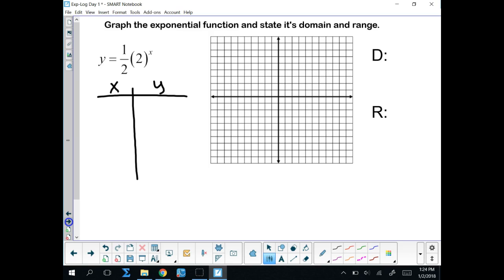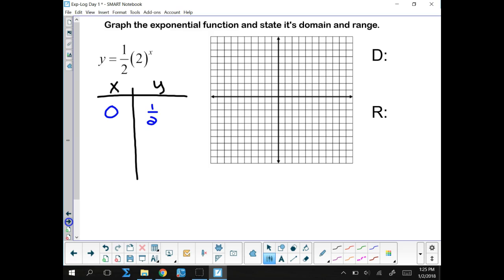Okay? What's probably the easiest one to plug in? 0. Right? So if I plug 0 into my function, what is 2 to the 0 power? 2 to the 0 power is 1. Times 1/2 is 1/2.